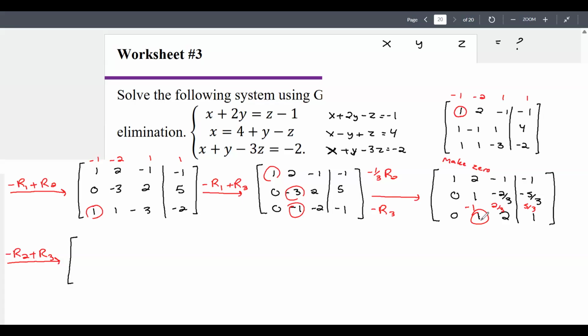I think I made a typo somewhere, so just give me a second here. One of my numbers is not working out right. All right, I found it. It was actually pretty easy. I've got to find it again. Okay, we're good.